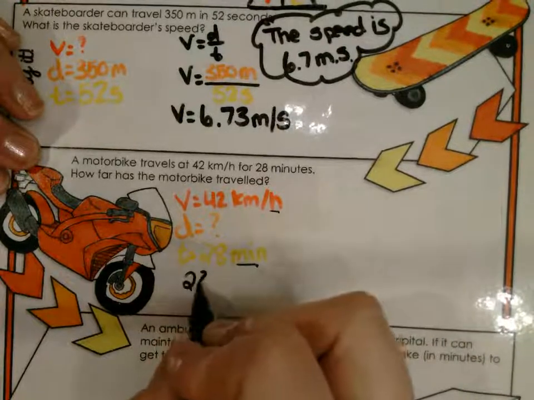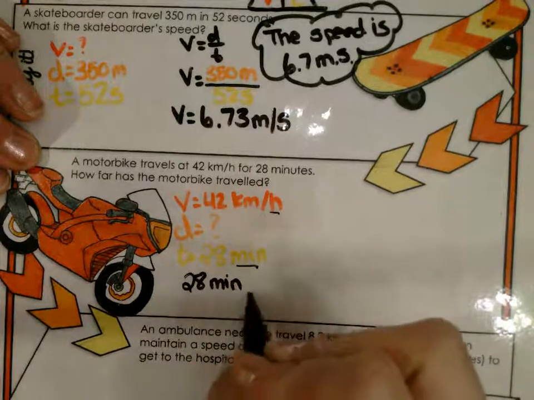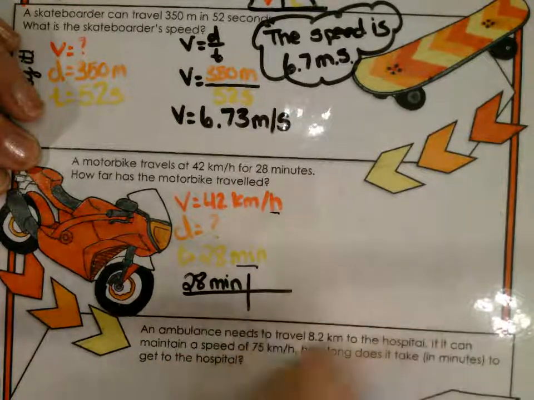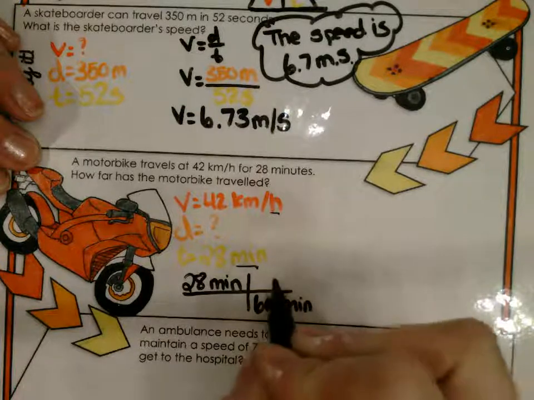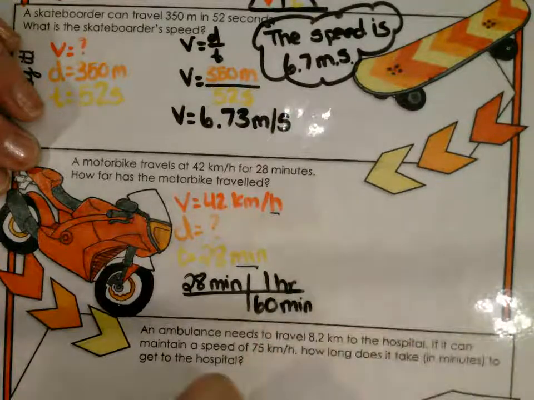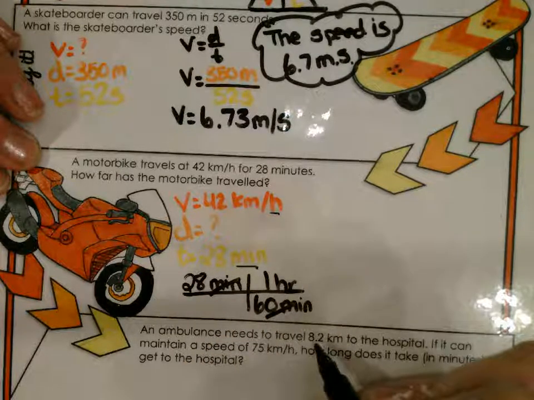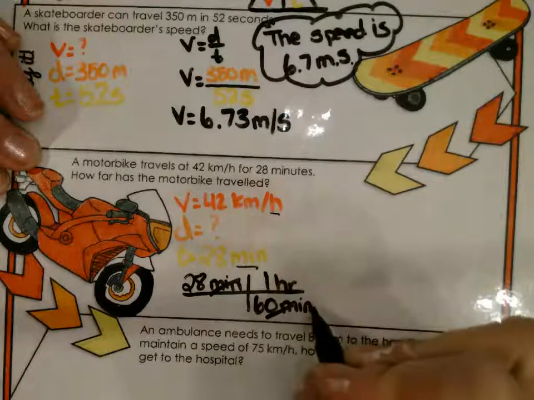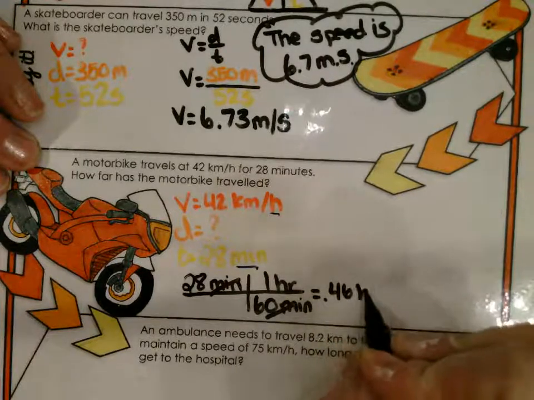So if I have 28 minutes, and in every 60 minutes, I have 1 hour. My minutes cancel, and I get 0.46 hours.